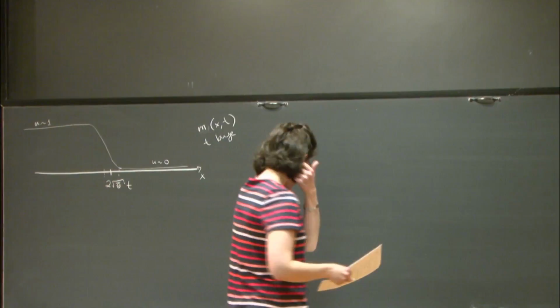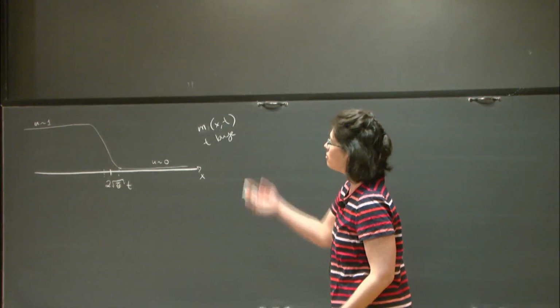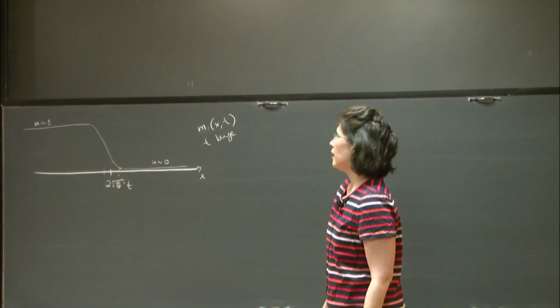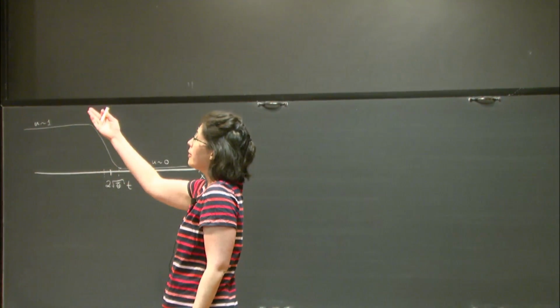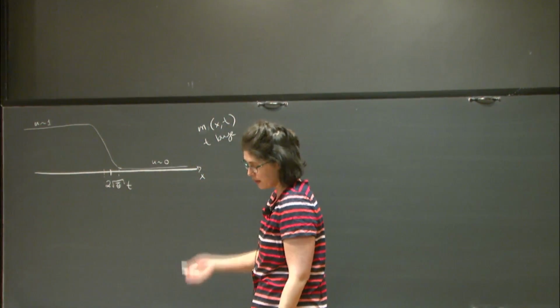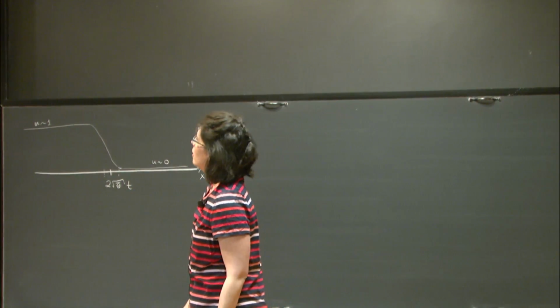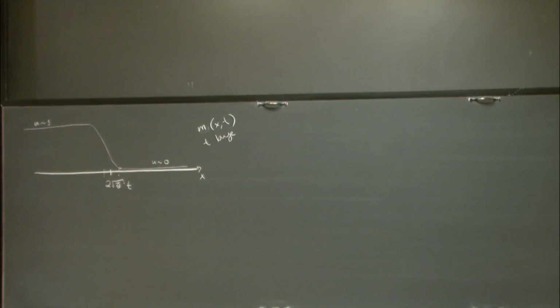And mathematically, there has been a lot of study of reaction-diffusion equations, as well as even of this equation, with finer results on the asymptotics, or with different types of reaction terms. So what we're going to focus on today is a reaction-diffusion equation where the reaction term is non-local.